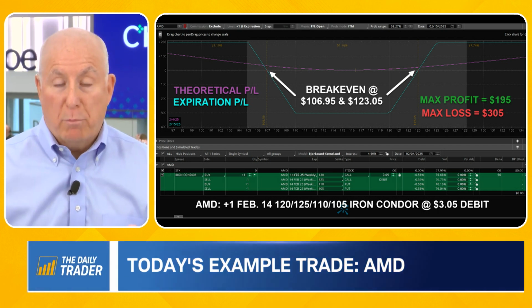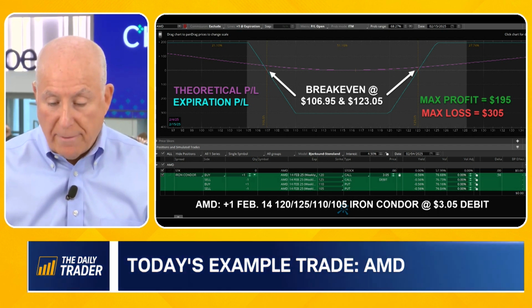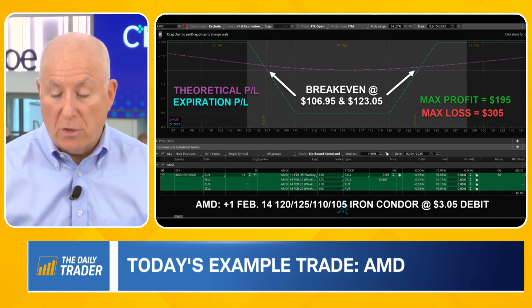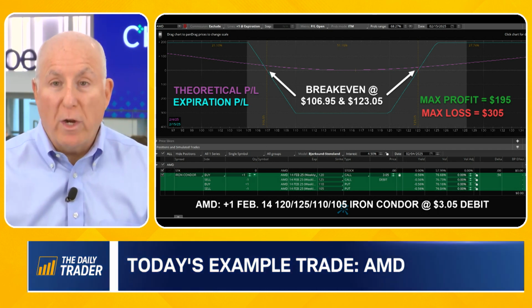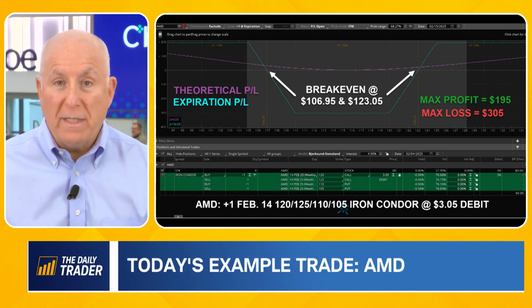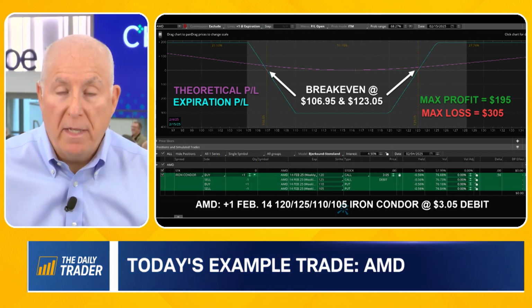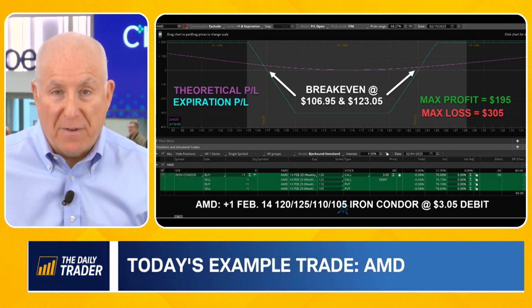And the break-evens are the long strike, the 120 call, plus the debit paid, so maybe 123.05 on the upside. On the downside, 110 minus the 3.05, which is 106.95, would be the break even.